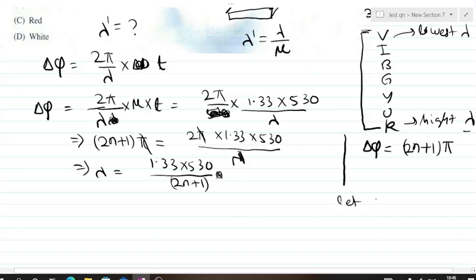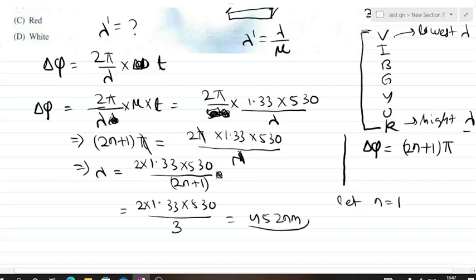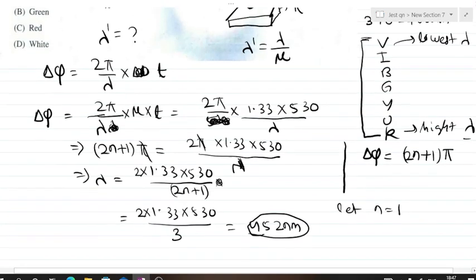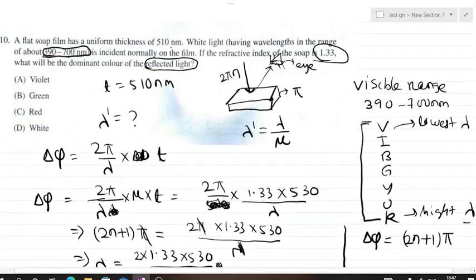Let us take n equal to 1. So 1.33 into 530 divided by 3 is equal to 452 nanometer. This is the wavelength I take as n equals 1, so my wavelength is this.